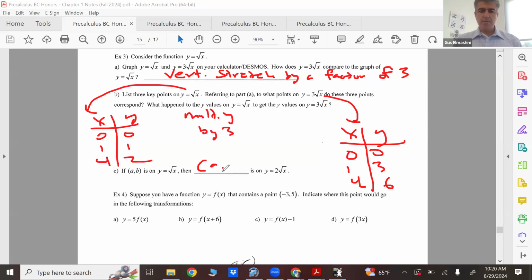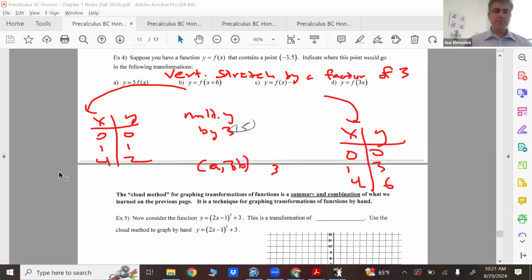So in that case, I have a comma 3b. And that's a typo, it should be that. Okay, all's good. We're compartmentalizing these: what if we multiply y by something, or multiply x by something, or add something to x, or add something to y. We're going to eventually put all this together in a little bit.